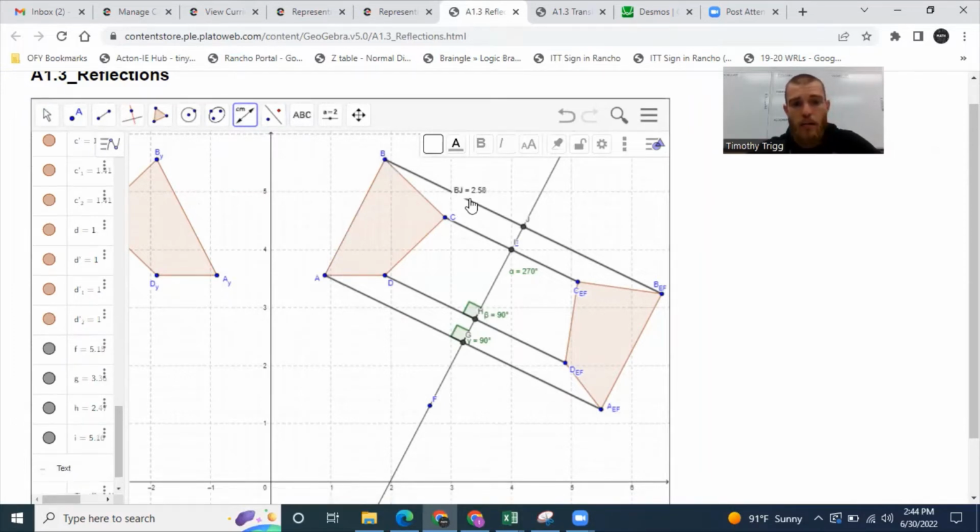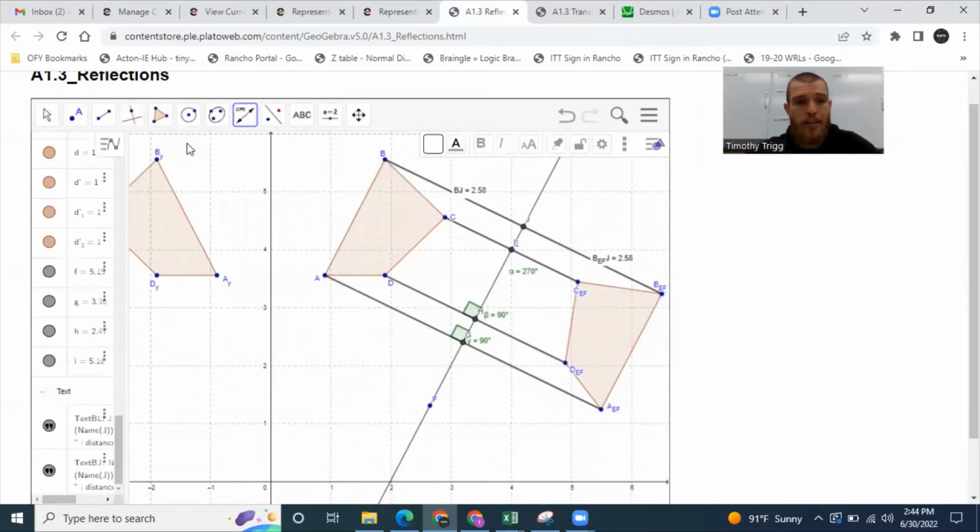And your number may be different depending on where you move your polygon. So mine says 2.58. Then I want to go from B prime, or in other words, the image, to point J as well. Notice it's the same distance, isn't it? Notice the distance here is the same as the distance here.